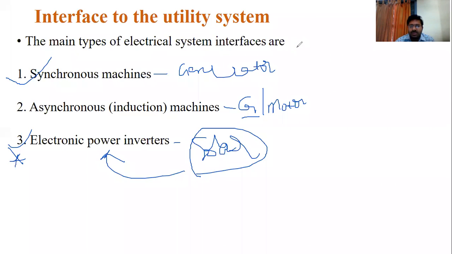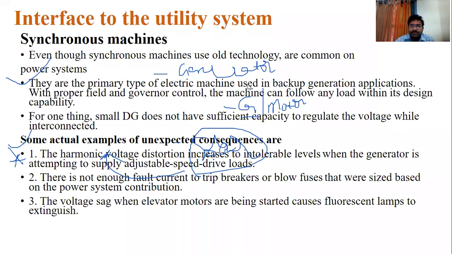Solar cells require electric power inverters, because solar is DC but our operating power is AC. That's why we need to convert this DC into AC power, so we require electronic power inverters or converters. Okay, then next we are going to see.